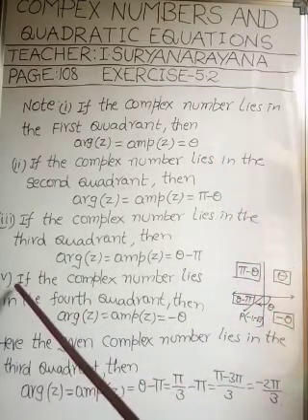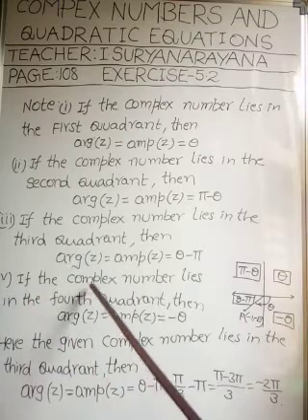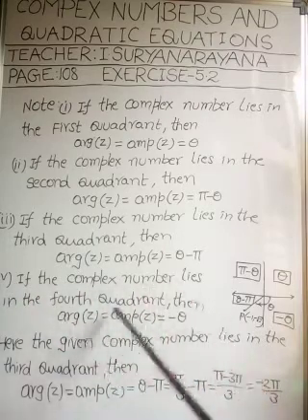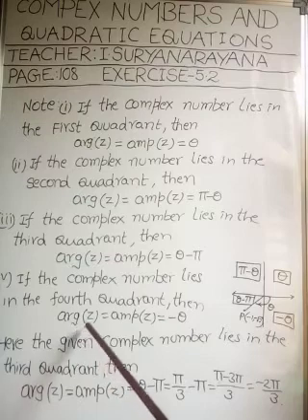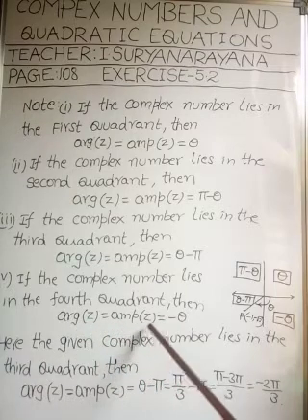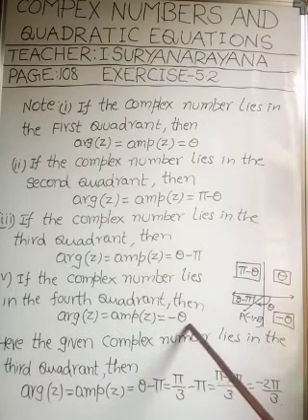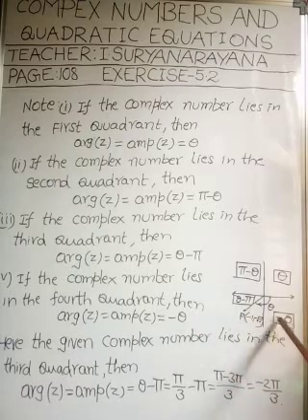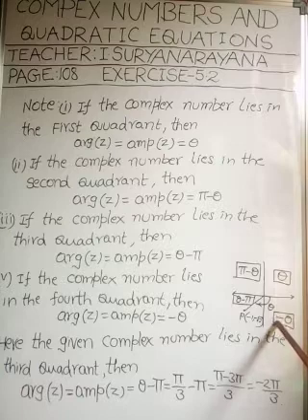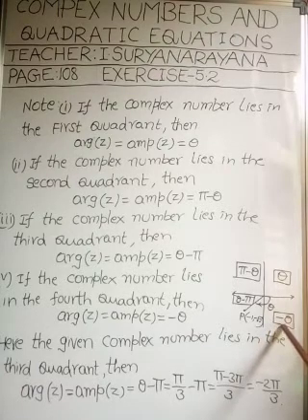Now come to the fourth point, the last point. If the complex number lies in the fourth quadrant, then the argument of z, that is equal to the amplitude of z, is equal to minus theta. Understood this fourth point, my children? Here minus theta, I wrote in this box. This minus theta denotes the amplitude or argument of the complex number.